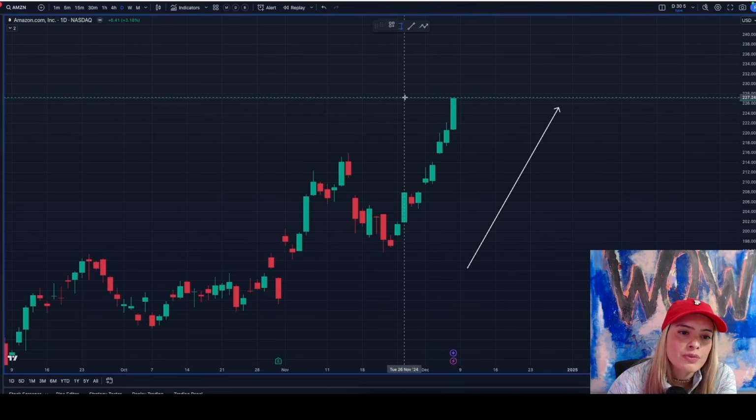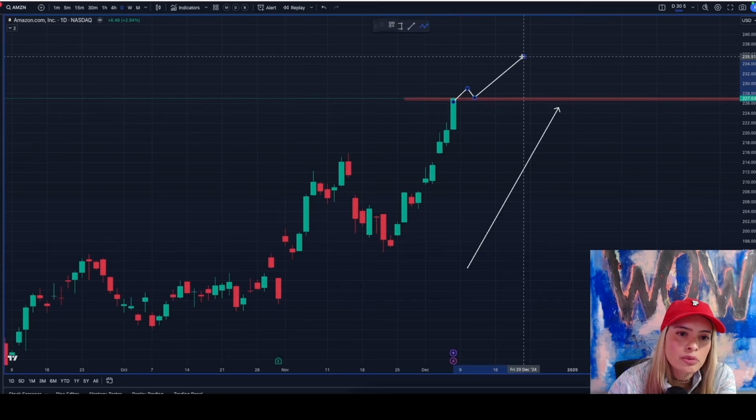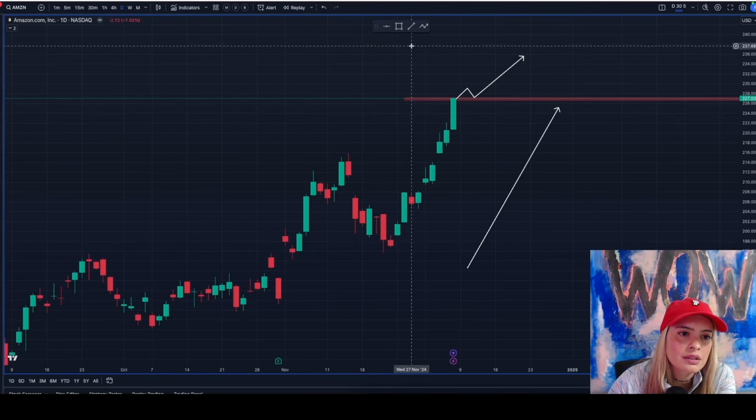But to trade this, we gotta pay attention to this high here, because if it breaks this high, we can wait for a break, retest, and we play the upside continuation. And the previous all-time high is this.